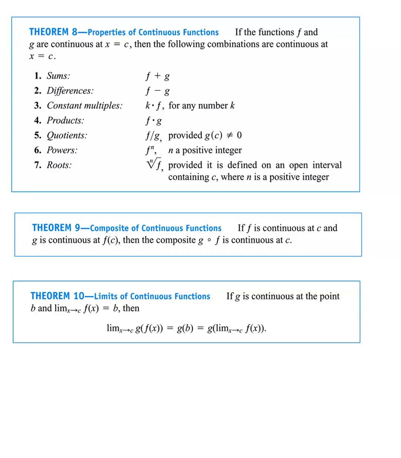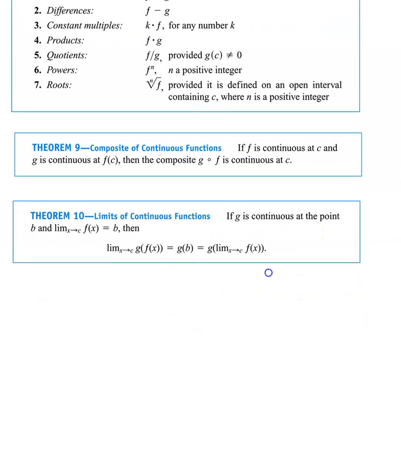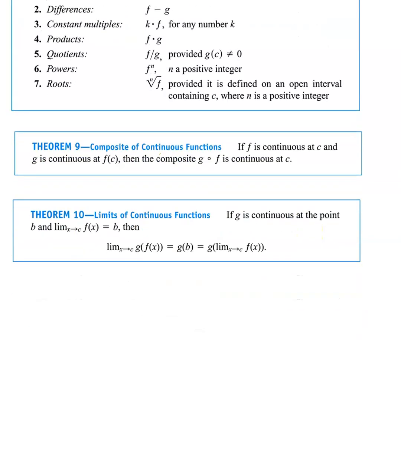When we talk about composite functions, composite of continuous functions, it says if f is continuous at c and g is continuous at f of c, then the composite g circle f is continuous at c. Let's focus on that for a moment. If you recall, f circle g was written as f of g of x, where you compose g inside f.